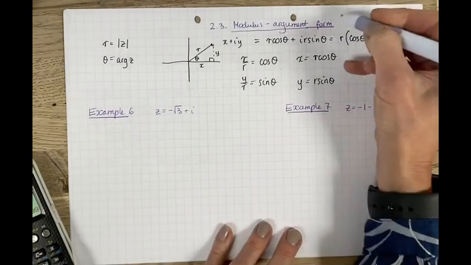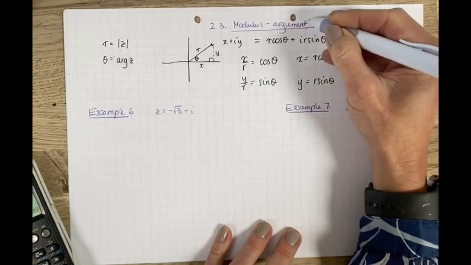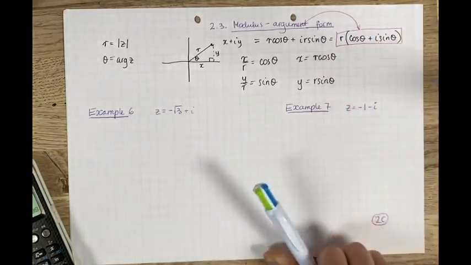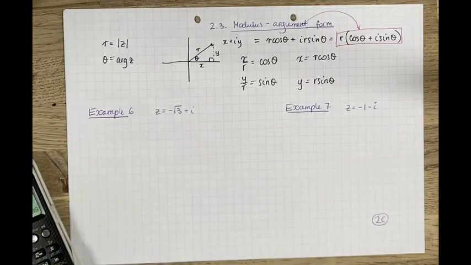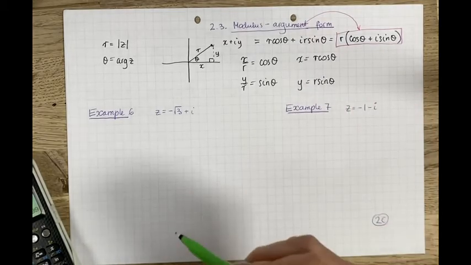So this form here is what's meant by modulus argument form. If you're asked to express your complex number in modulus argument form, this is what you want to give as your final answer, with the plus in between the terms in the brackets.